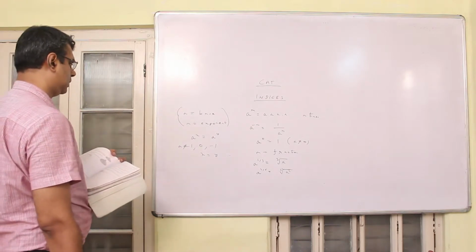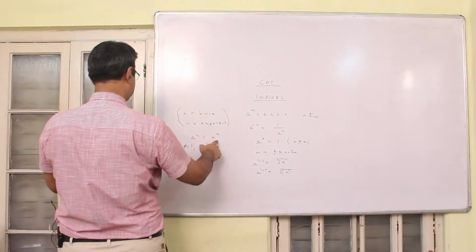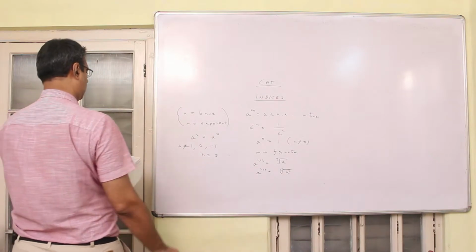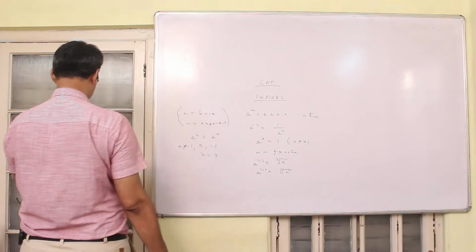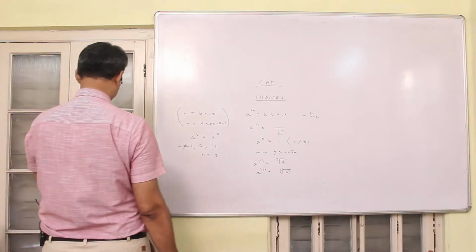Once again, if a to the power x is equal to a to the power y, provided a is neither 1, 0 nor minus 1, then x will be equal to y.